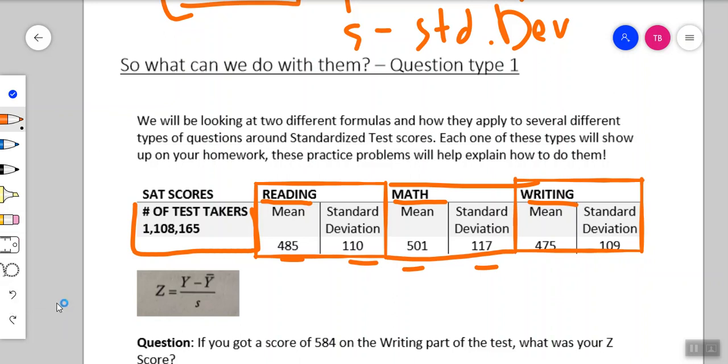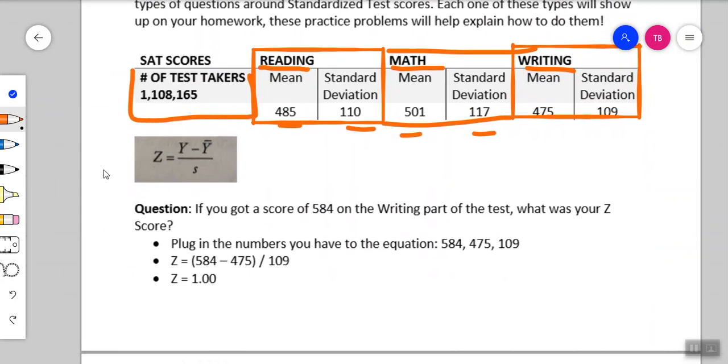Okay, so here we go. Let's scroll down here. The simple one is saying, what if you got a score of 584 on the writing part of the test? Then we know we're interested in this section here. What was your z-score? We can start plugging in the numbers. We instantly know that we have our score of 584, so that is the equivalent of this one.